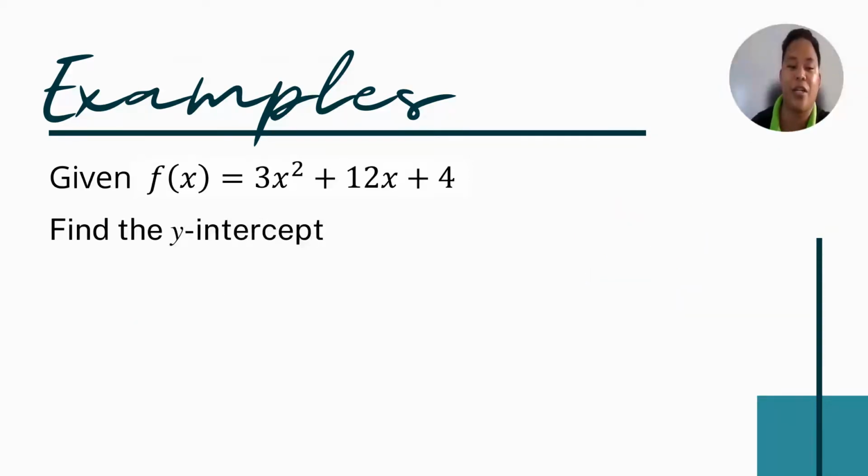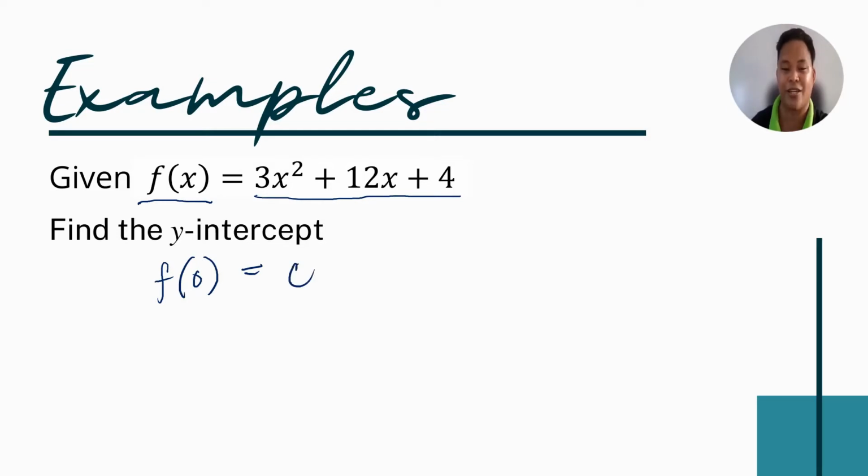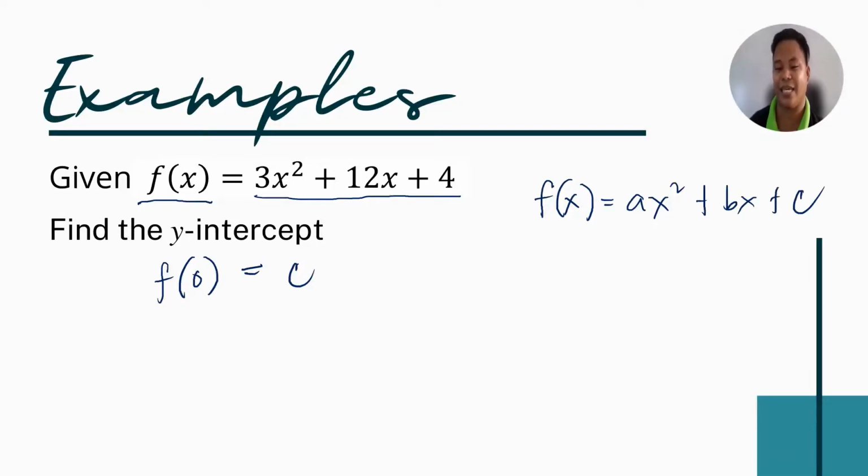We have the given quadratic equation f of x is equal to 3x squared plus 12x plus 4. Let us find the y-intercept. We have earlier that f of 0 is equal to the constant, or the value of c in the given quadratic function f of x is equal to ax squared plus bx plus c.